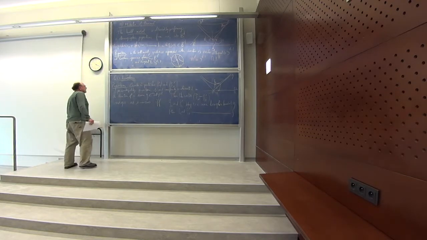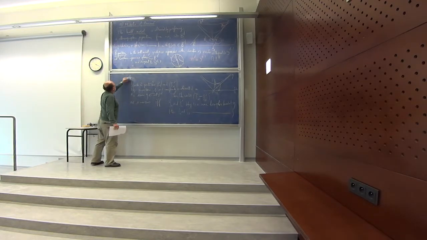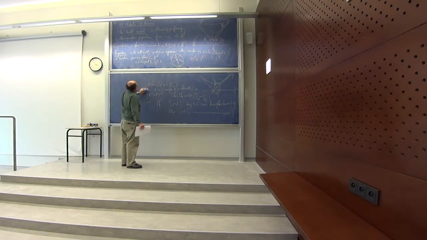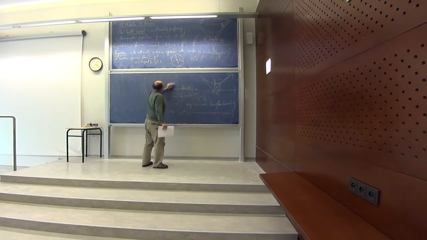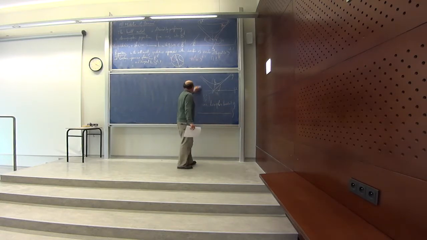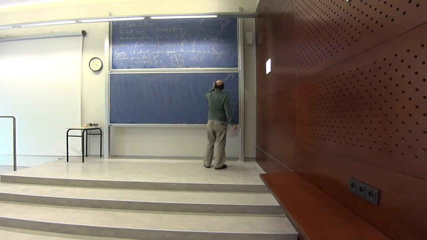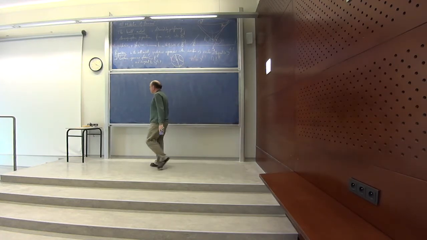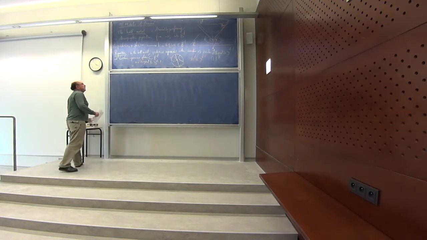The other model, as famous as the ball model, and as useful, is the half-space model, upper half-space. Both are due to Poincaré.